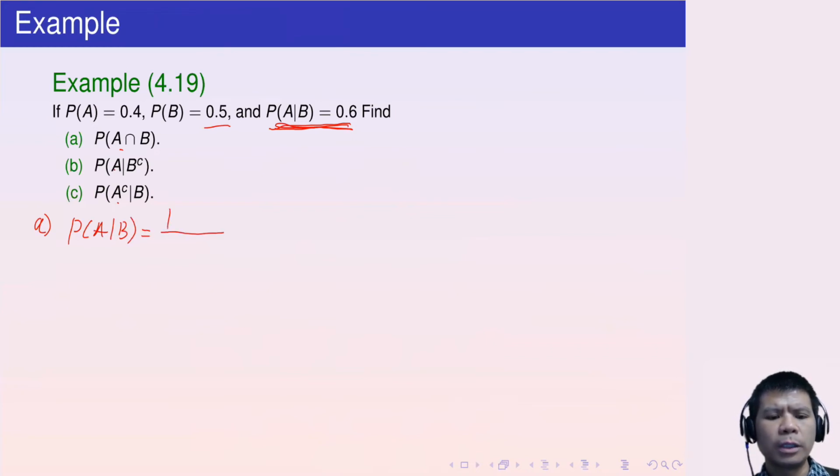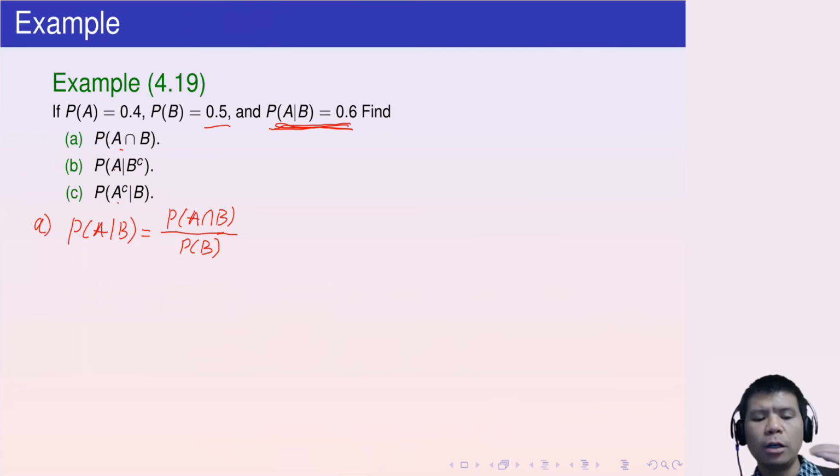It is the probability of their intersection, A intersect B, over the probability of B.